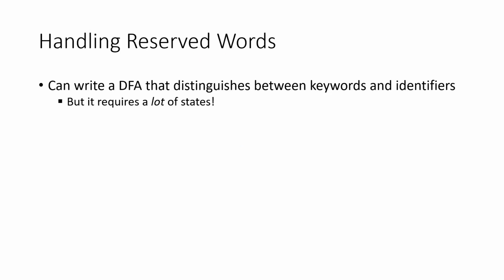So now let's discuss how keywords are handled in a scanner. In most languages, keywords or reserved words look just like identifiers but are reserved for a special purpose. It is possible to write a finite automaton that distinguishes between keywords and identifiers, but it requires a lot of states.